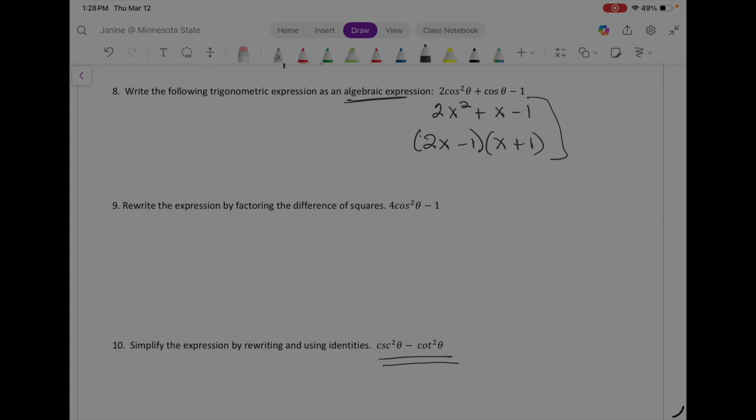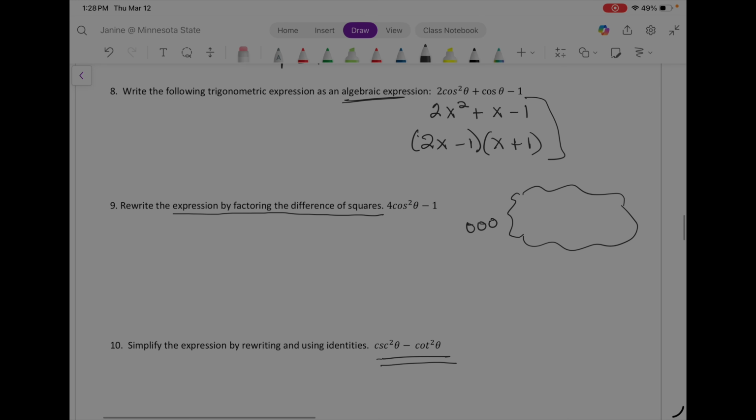Here it says rewrite the expression by factoring the difference of squares. So like if in your head you're thinking, this looks like 4x squared minus 1, and I can factor that into 2x minus 1, 2x plus 1, then without the x's, we could see this as 2 cosine of theta minus 1 times 2 cosine of theta plus 1.